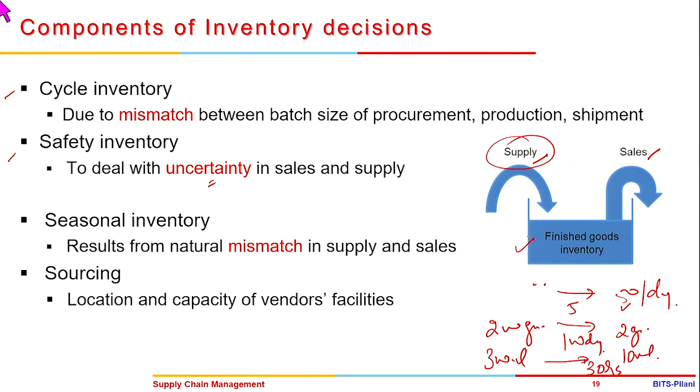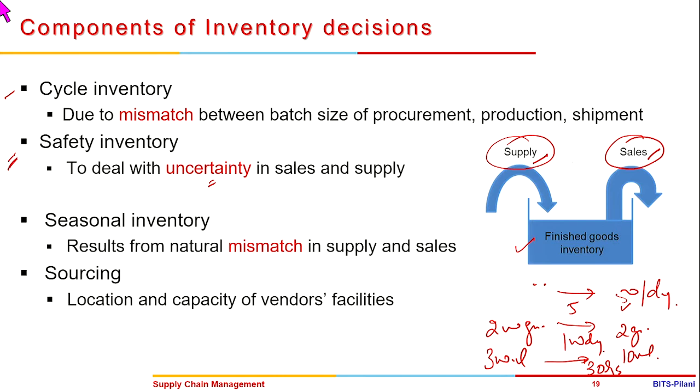The inventory that we keep because there is uncertainty in the supply, or uncertainty in the sales, because sometimes sales could be very high, the inventory that you keep to deal with two kinds of uncertainties, one from the inflow, another from the outflow, or one from supply and another from sales, is called safety inventory.